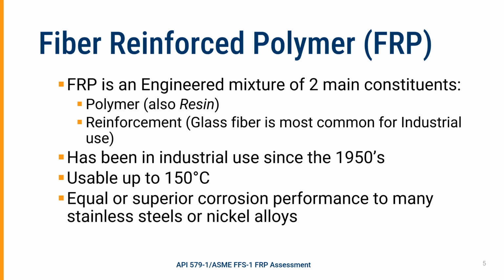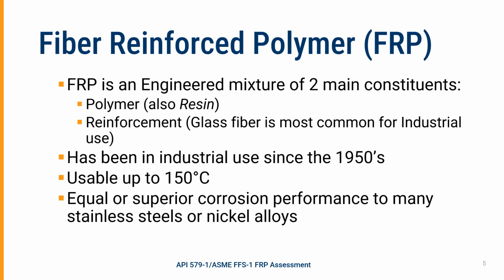Fiber reinforced polymer is an engineered material of 2 main constituents: a polymer, which is also known pretty widely as the resin, and the reinforcement. Glass fiber is most common. There is increasing use of carbon fiber, partly because its cost keeps coming down, and some other reinforcement fibers have also been used.